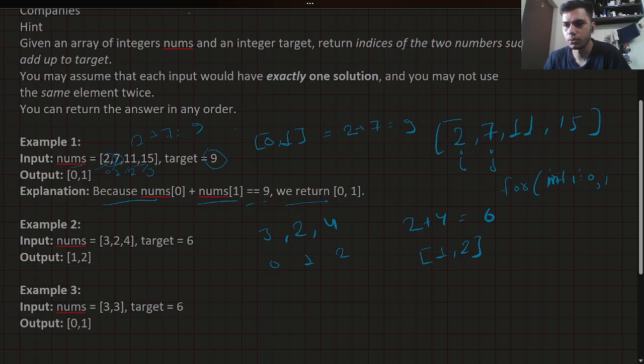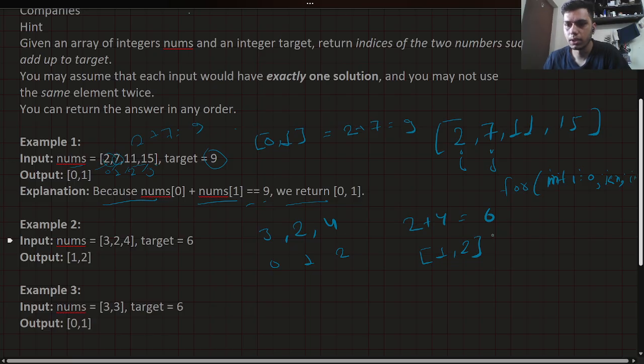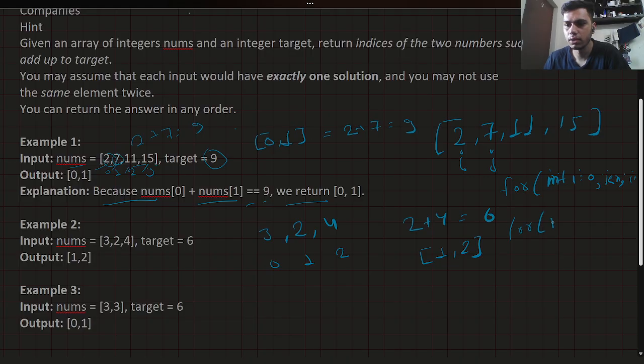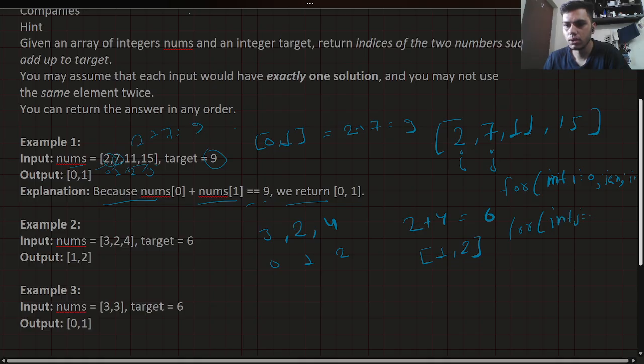Then we move to n, and then i plus plus. Then we make a for loop for j, from 0 to n.